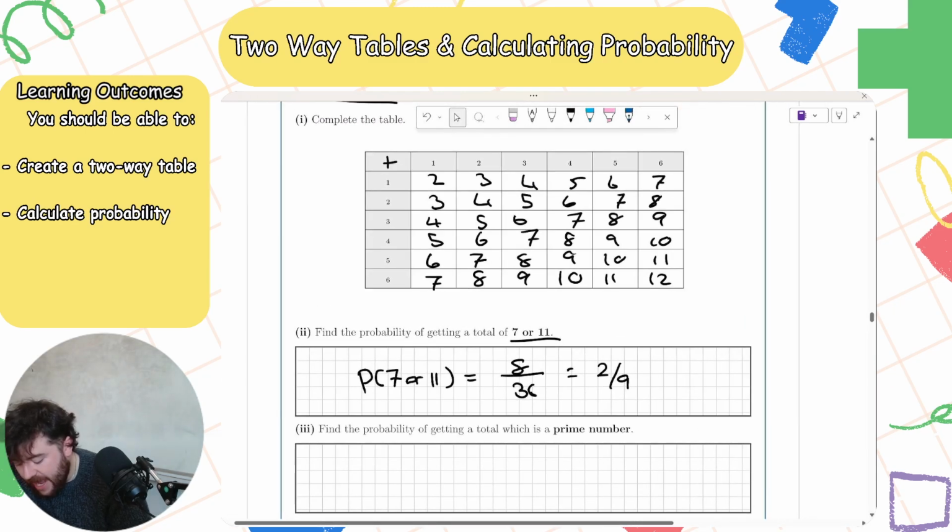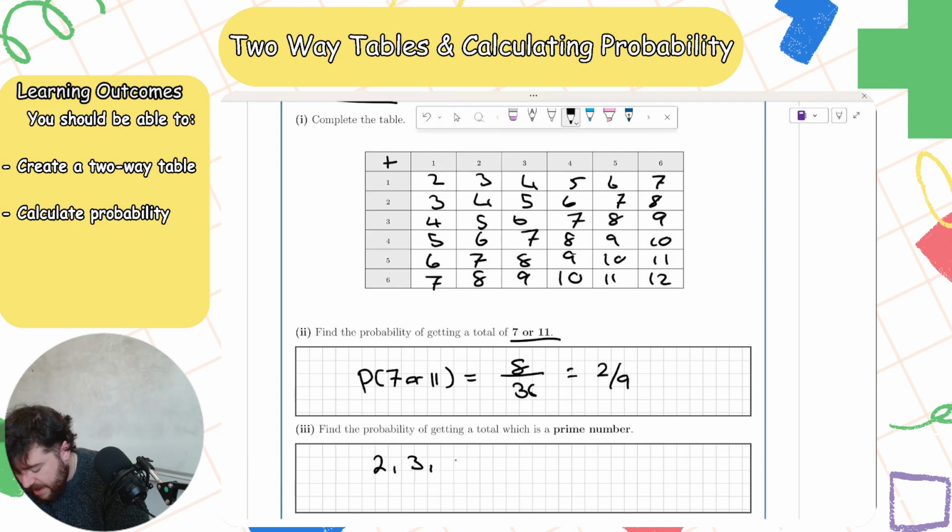Find the probability of getting a total which is a prime number. So a prime number would be 2, 3, 5, 7, and 11. Remember, a prime number is a number whose only factors are 1 and itself. So 1 is not a prime number, but 2 is a prime number. 2 is the only even prime number.